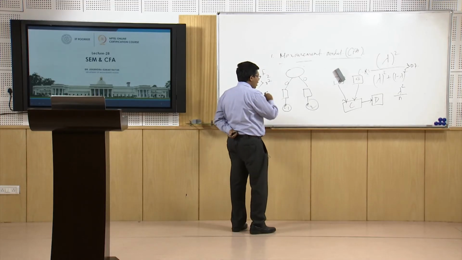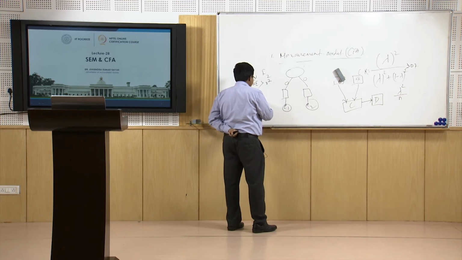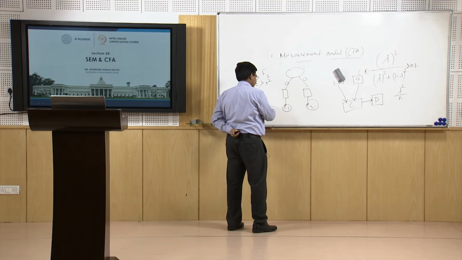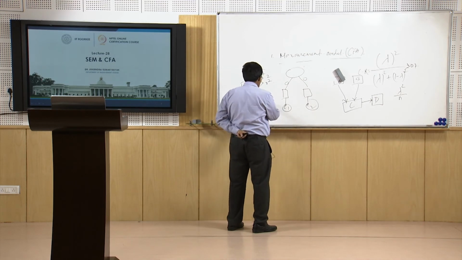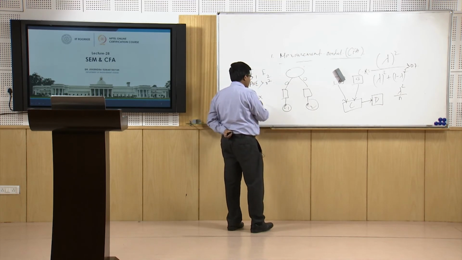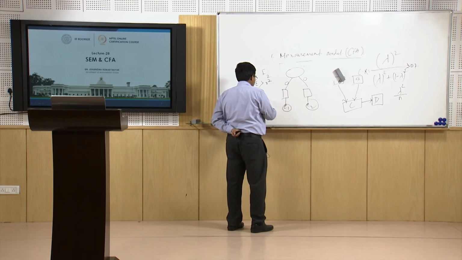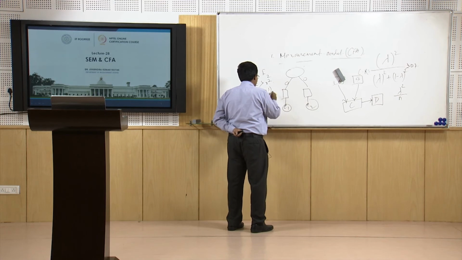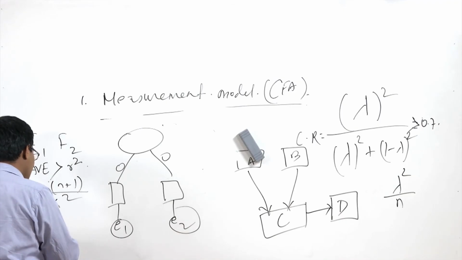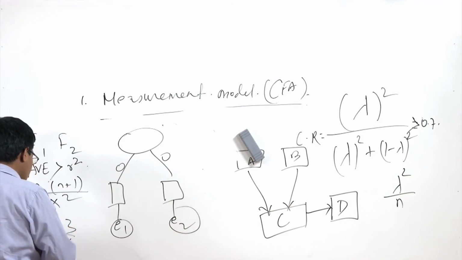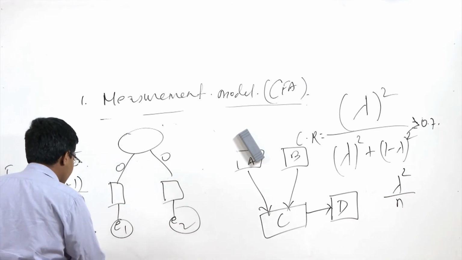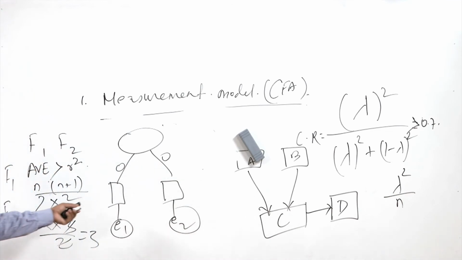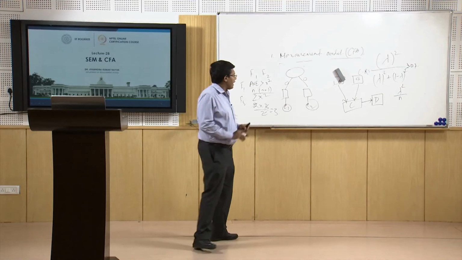But how many variables do you actually have? Two. If I am having 2 variables, the formula goes n into n plus 1 divided by 2. So as per that we have 2 into 3 by 2, so 3 remains, but we need 4 things to calculate. That is why it is a case which we call under identified.